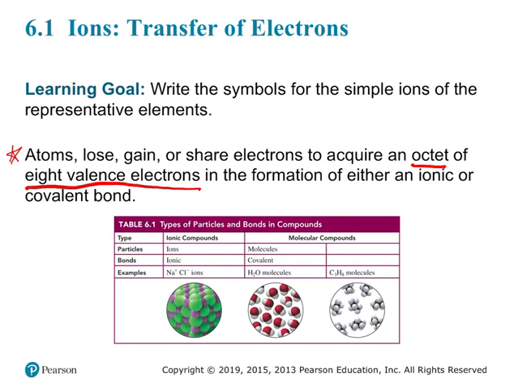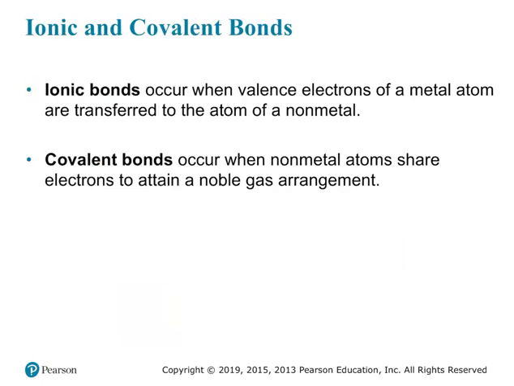All right, so let's talk about the two types of bonds before we go into ions a little bit more. So ionic bonds occur when valence electrons of a metal atom are transferred to the atom of a nonmetal.